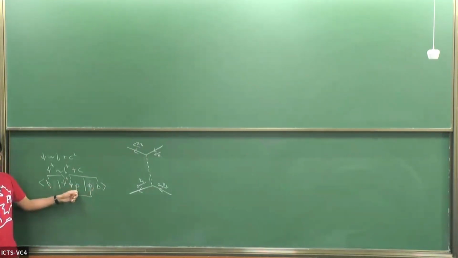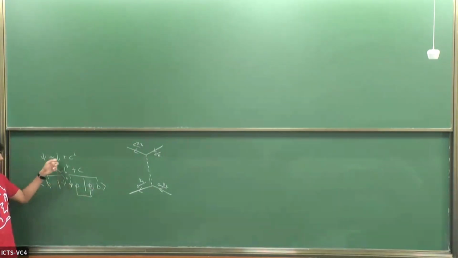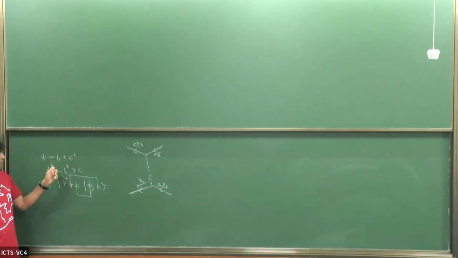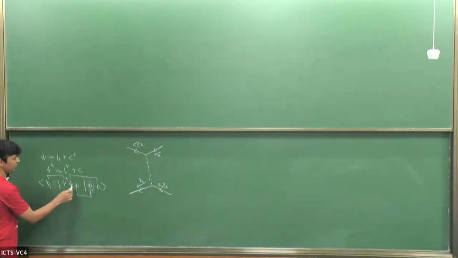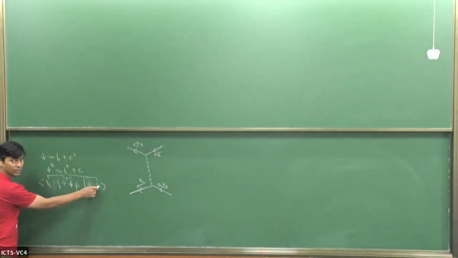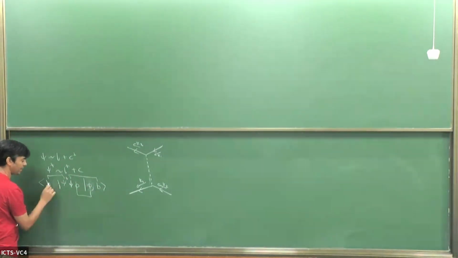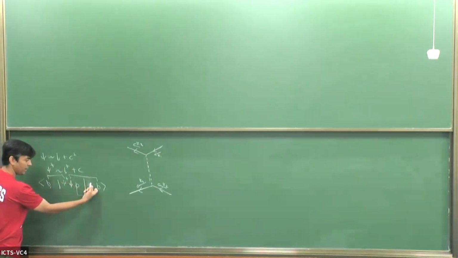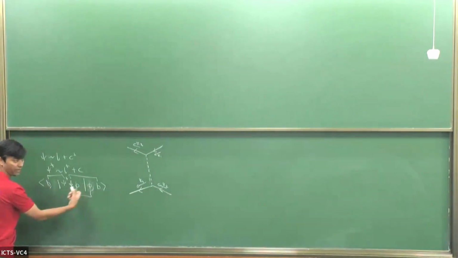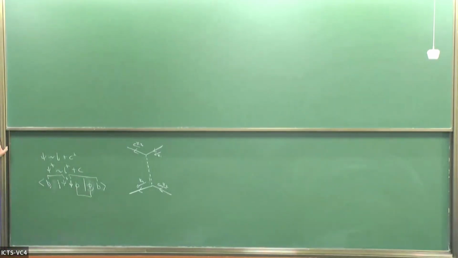Remember, psi has B plus C dagger, and psi dagger has B dagger plus C. So this psi goes and annihilates the B, because this is the incoming B, but this psi dagger, to annihilate from the left, you need a creation operator. That's why you can have an incoming psi, outgoing psi, and phi. Is it clear? This is a valid term in the expansion.